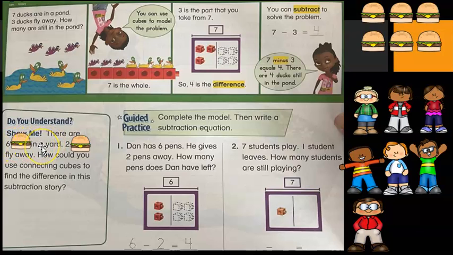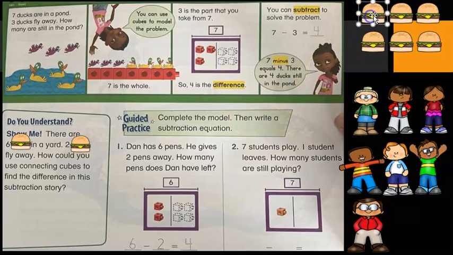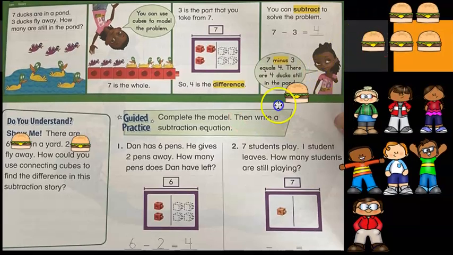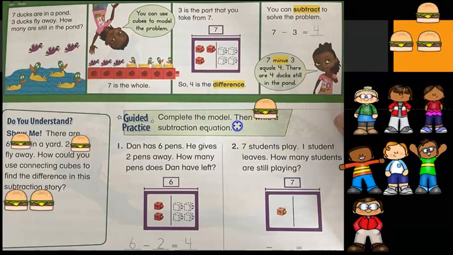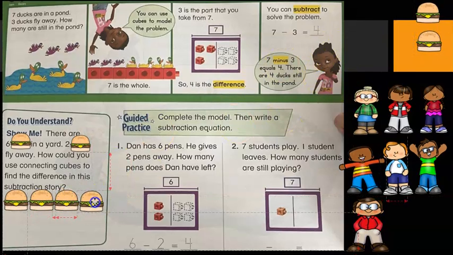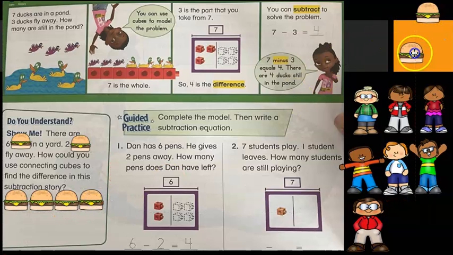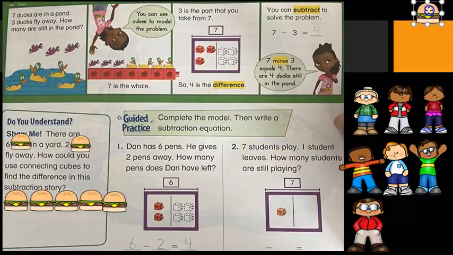Now, it says here in this first sentence, there are 6 hamburgers in a yard. How many hamburgers are in a yard? 6. Okay, so let me grab 6 hamburgers. Count with Mr. Begay. 1, 2, 3, 4, 5, 6.